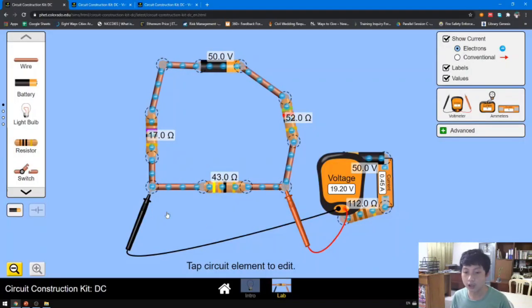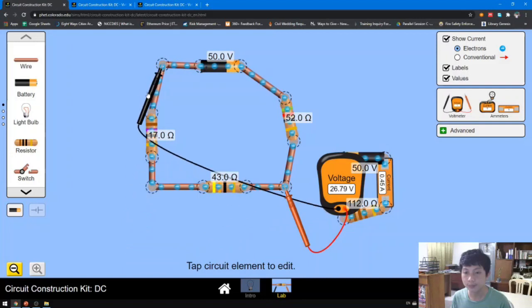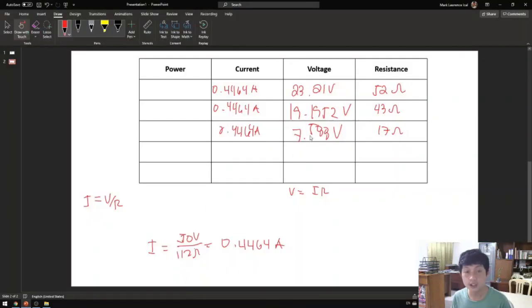What about across the 17 ohm resistor? We have 7.588. Remember, the current here is I equals the total voltage divided by the total resistance, which here is 112 ohms.